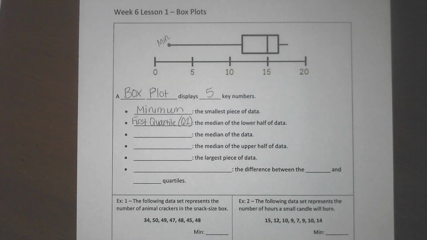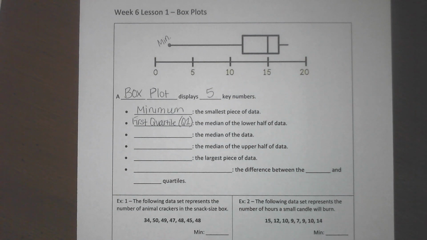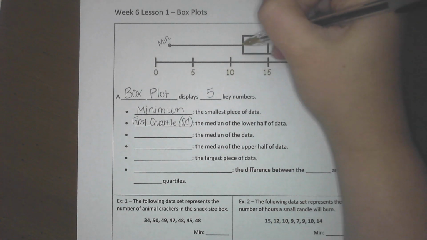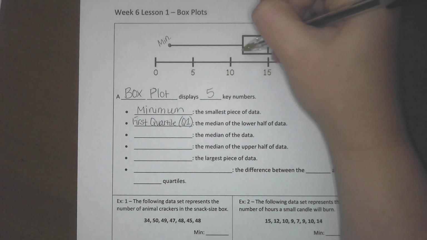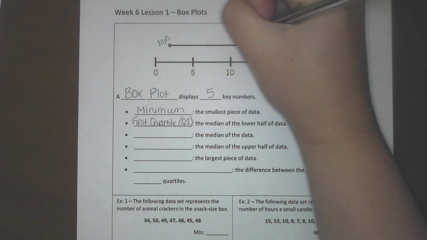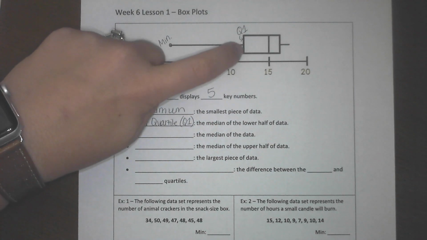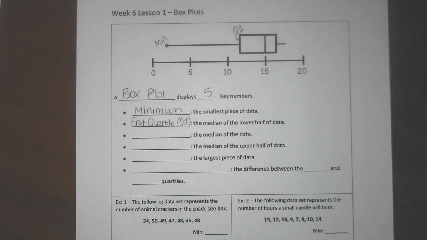So the first quartile, or Q1, is the median. Remember, it's the middle of the lower half of data. So you're going to look for a line on the box plot. The line that's on the left side of the box, this is your Q1. That line on the left side, this line right here is your first quartile, or your Q1.